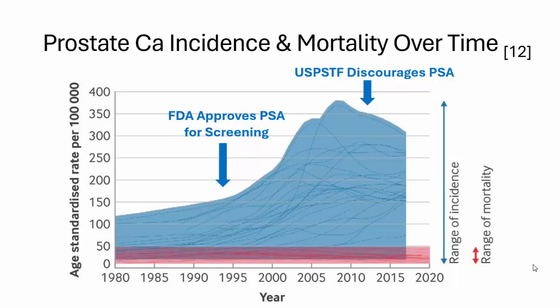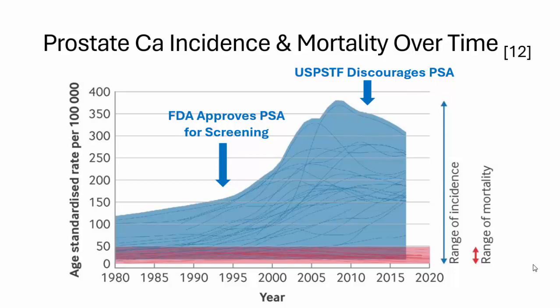And then around 2012, when the United States Preventive Service Task Force started discouraging PSA and we started doing a lot less PSAs, then the number of prostate cancer diagnoses dropped significantly. So there's a clear correlation between PSA usage and the diagnosis of prostate cancer.